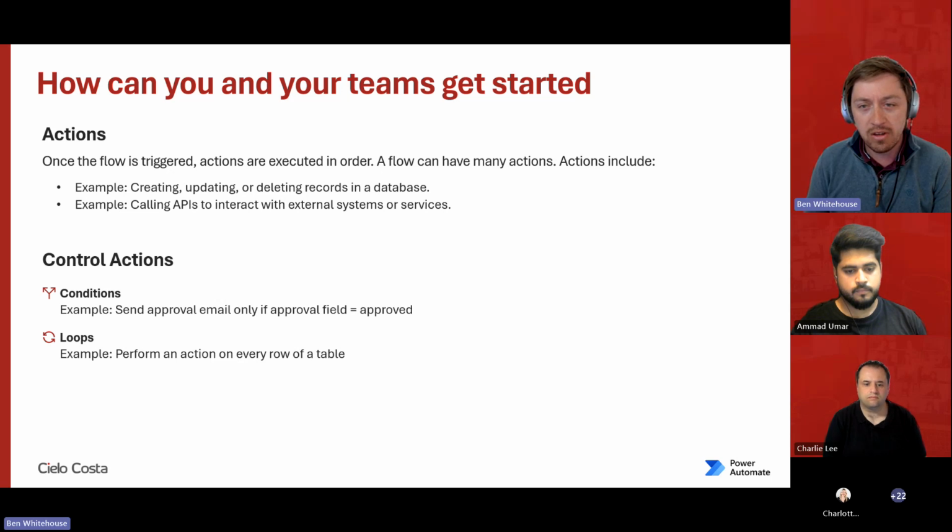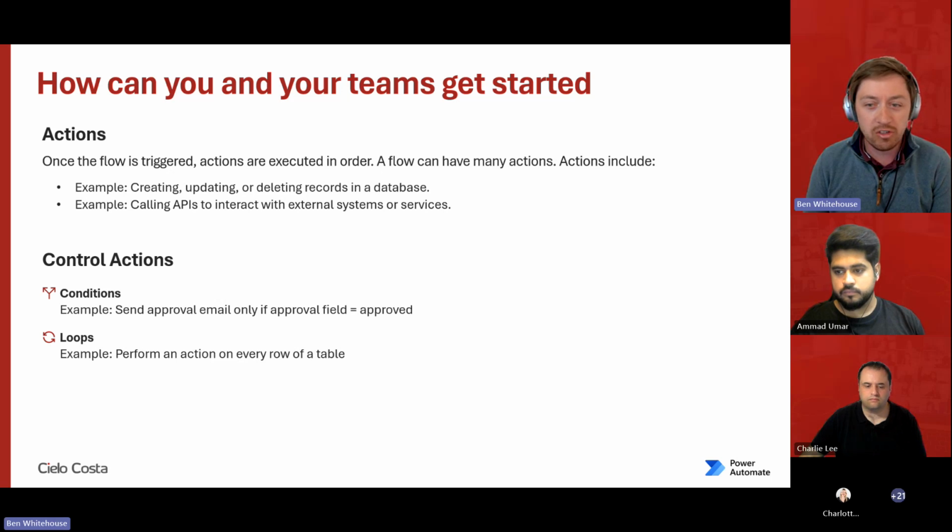So the next thing to consider, a core concept of Power Automate, is actions. So actions are kind of the core of Power Automate. They're the individual tasks or operations performed within a flow. They define the specific actions to be taken in response to a trigger or as part of a sequence of steps in the flow.